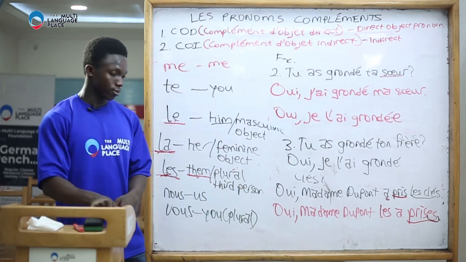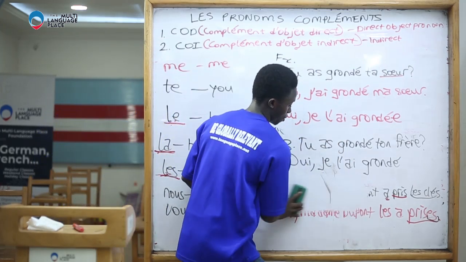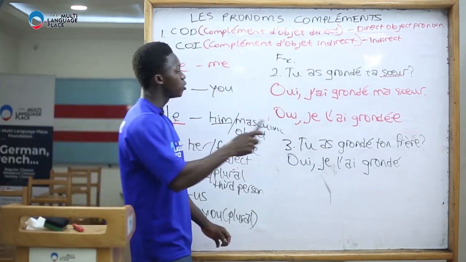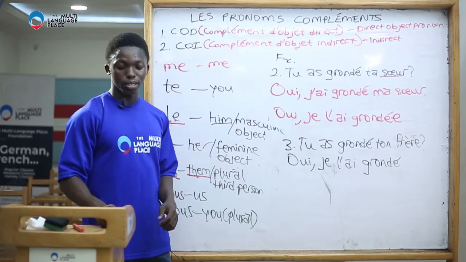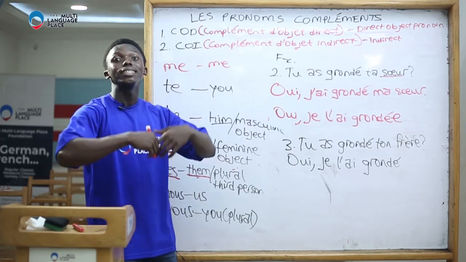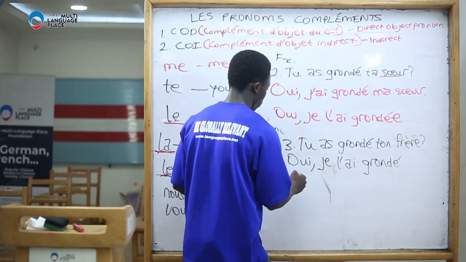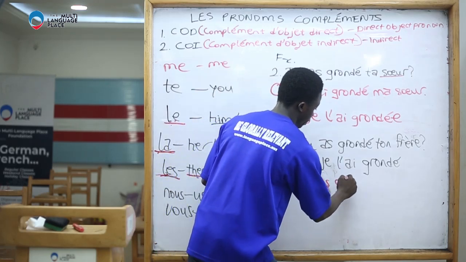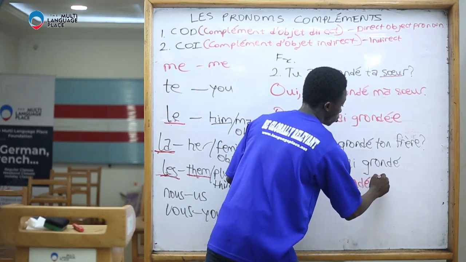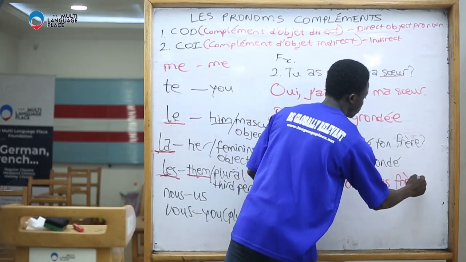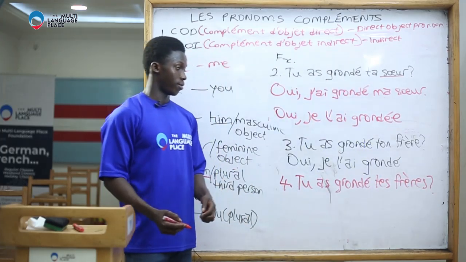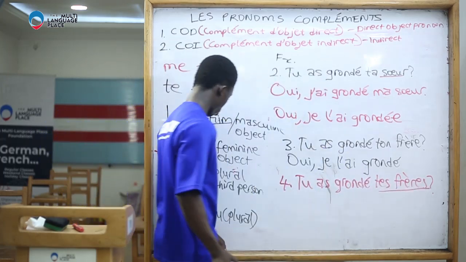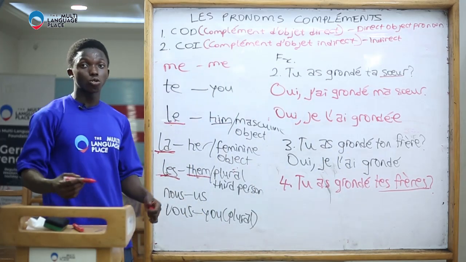For example, if this were to be plural, and I wanted to say, est-ce que tu as grondé tes frères? That is plural. Tu as grondé tes frères. Plural, so that would be les, them. Did you scold your brothers?